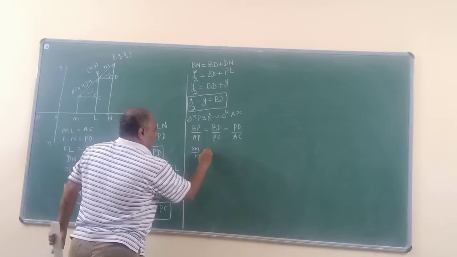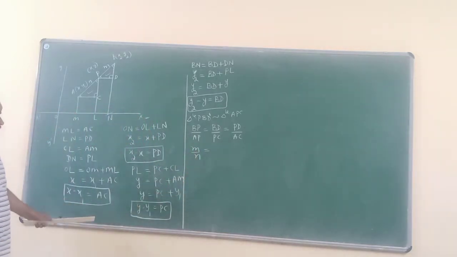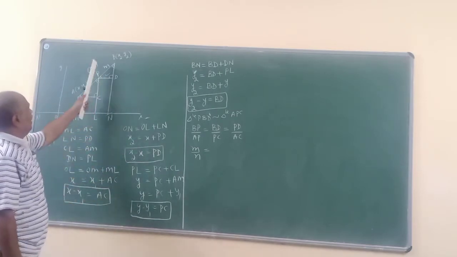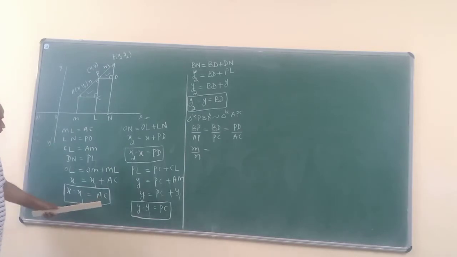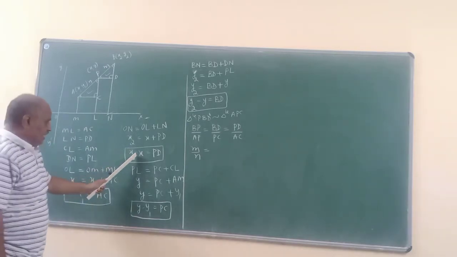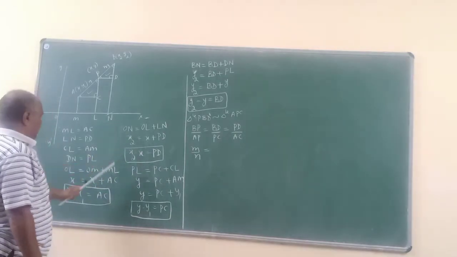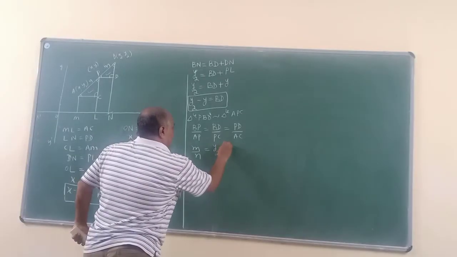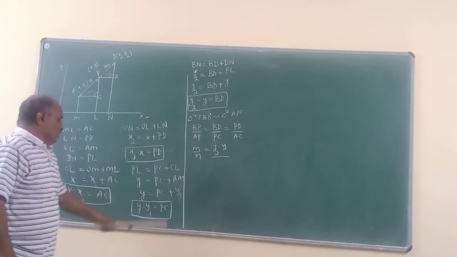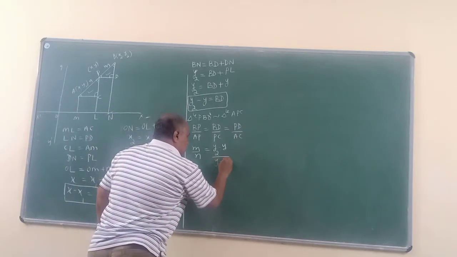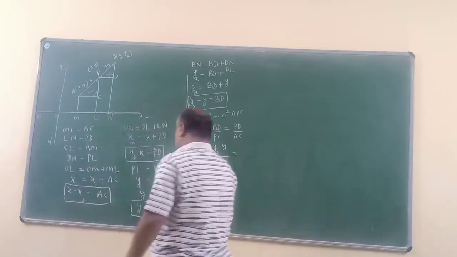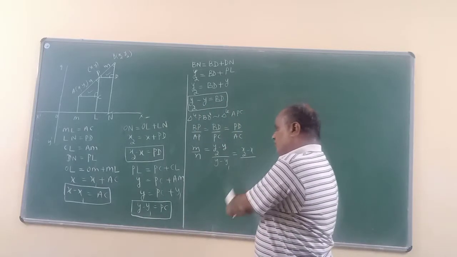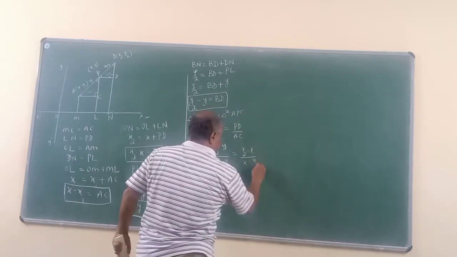You know BD, it is y2 minus y, divided by PC, which is y minus y1, equal to PD, which is x2 minus x, divided by AC, which is x minus x1.